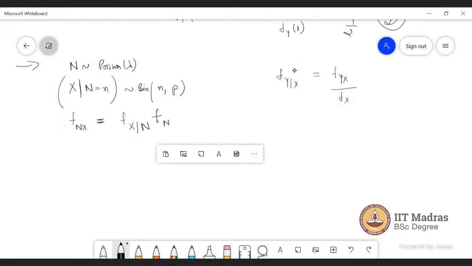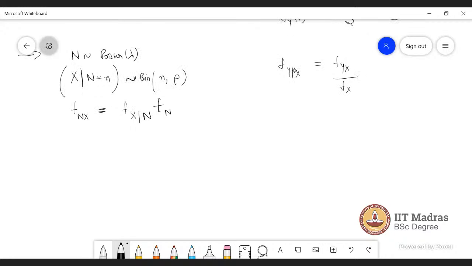If you have a Poisson distribution for n and another random variable x, and you condition x on that Poisson random variable, and x given n follows the binomial distribution, then the distribution for x is going to be Poisson with parameter lambda p.